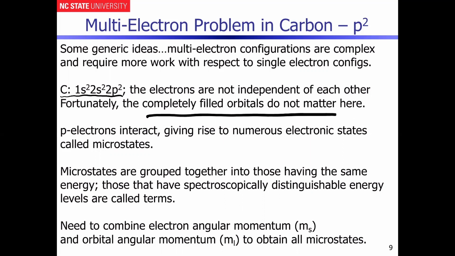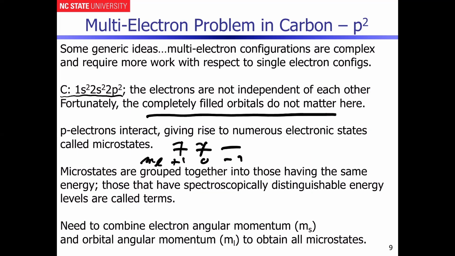So what's going to happen ultimately is that the p2 configuration, remember, is typically written this way. And if you remember, the values of M sub L here are typically given as +1, 0, and -1. And that's going to mean something when we start thinking about how we put these into different classifications in terms of their microstates.